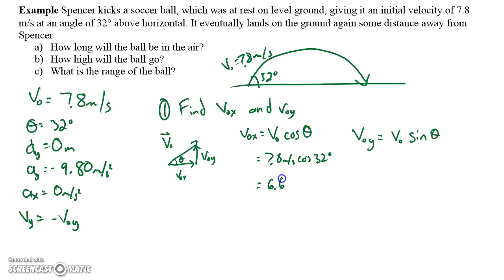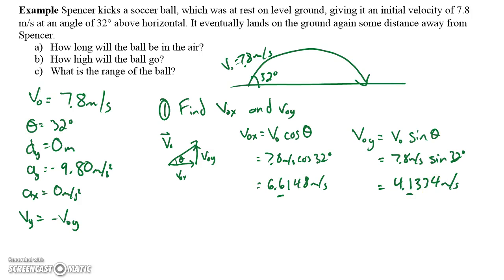And we'll get 6.6148 meters per second. That'll be 2 sig figs. And 7.8 meters per second times sine of 32 degrees, and that'll be 4.1334 meters per second, and again 2 sig figs.